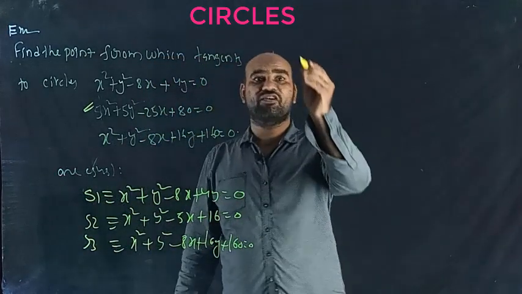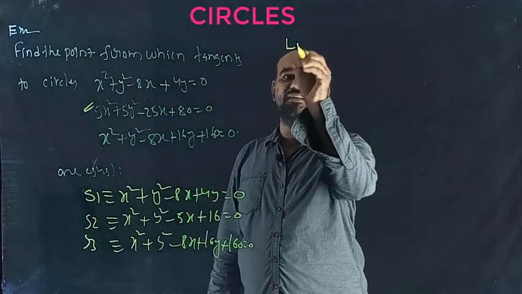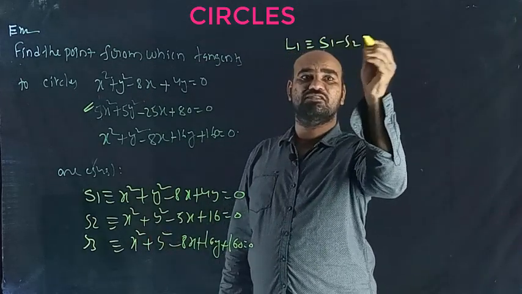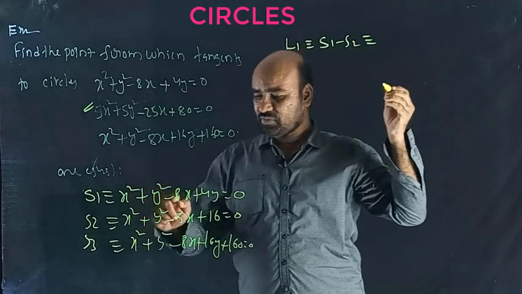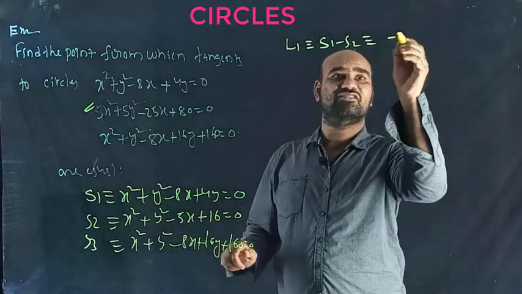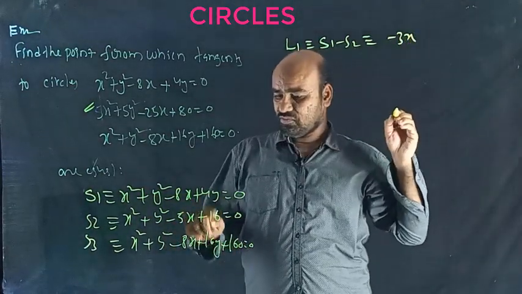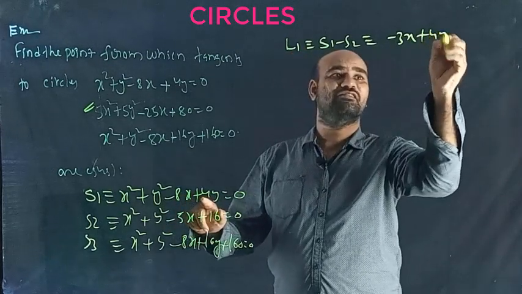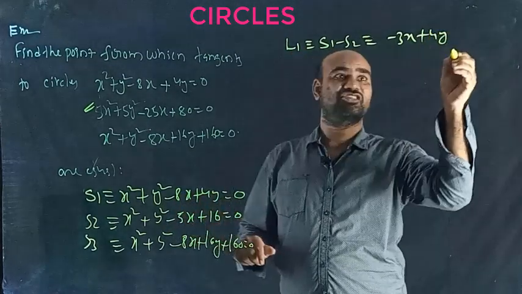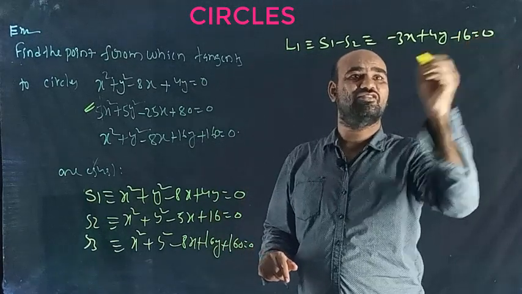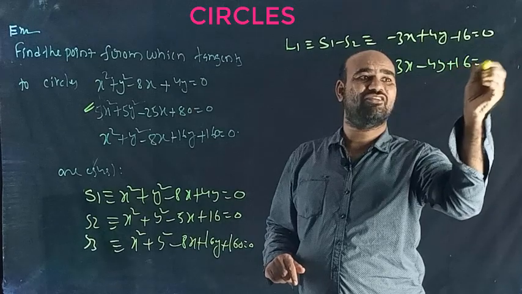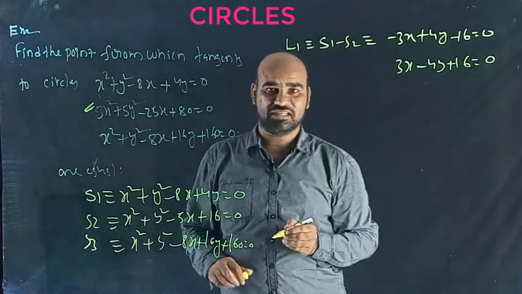First of all, I want to find one of the radical axes, say L1. L1 can be obtained from S1 minus S2, which gives 3x minus 4y plus 16 equal to 0. That is one of the radical axes.